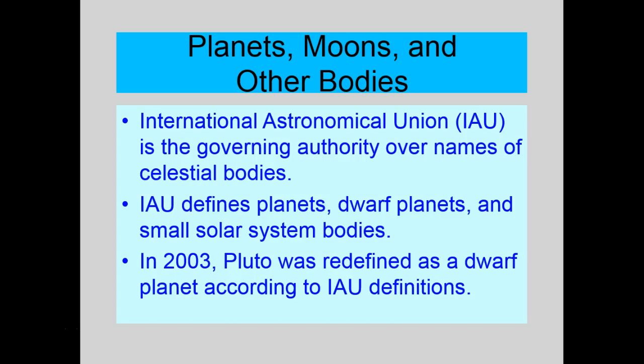Okay. In 2003, Pluto was redefined as a dwarf planet rather than being a planet, which we had always considered it before. And we'll talk about several reasons for that, but not to get into any super technical reasons. Okay, we'll just give some of the big ones.